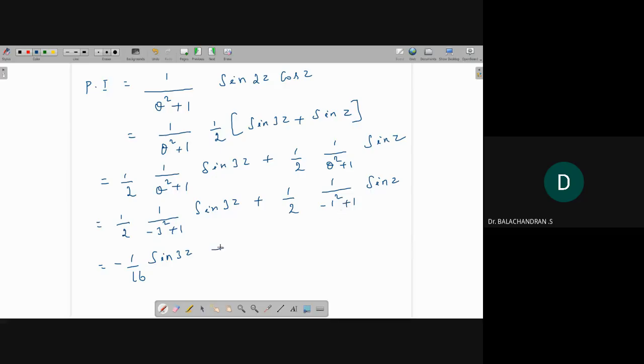This is 0, so 1 by 2 into 1 by 0 into sine z. So minus 1 by 16 into sine 3z. So multiply here by the independent variable z, so z by 2. Differentiate the denominator with respect to theta, so 2 theta into sine z. So 1 by D means you should integrate with respect to x, 1 by theta means you should integrate with respect to z.